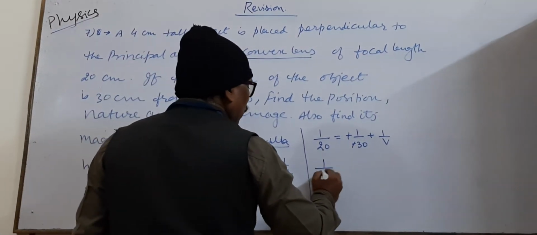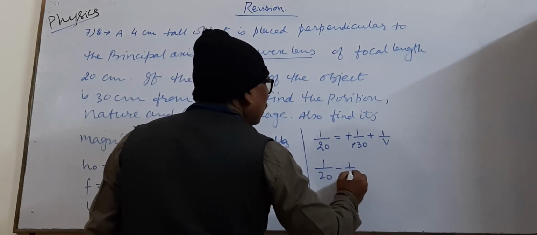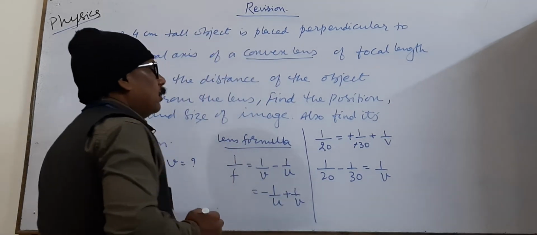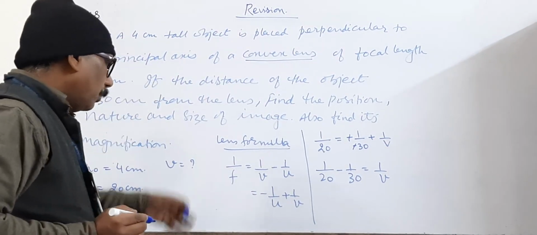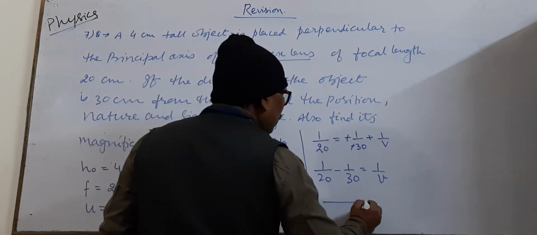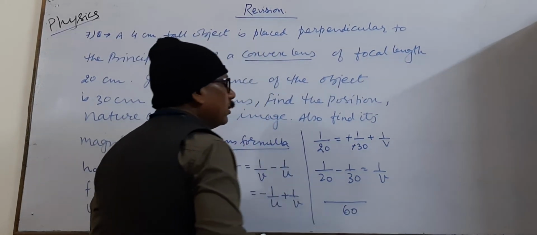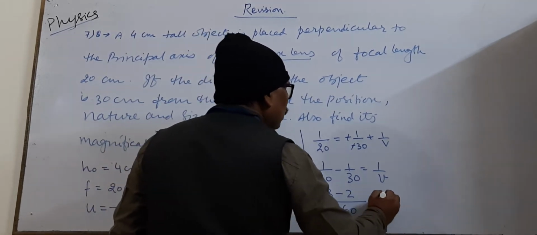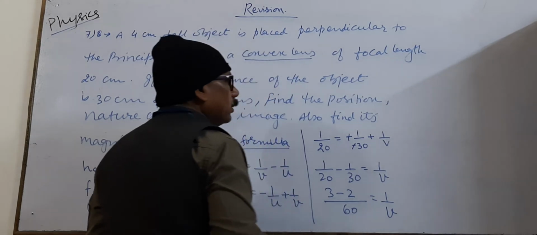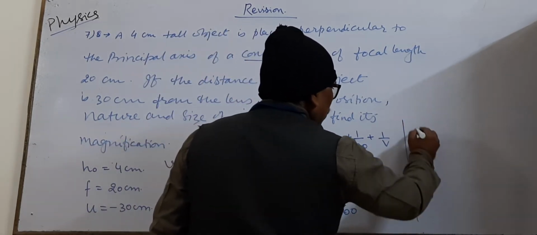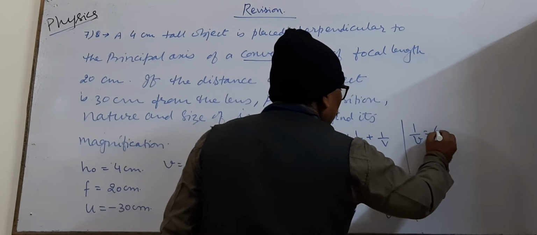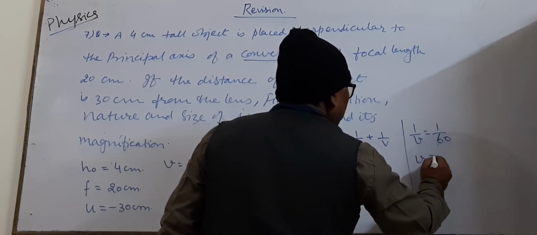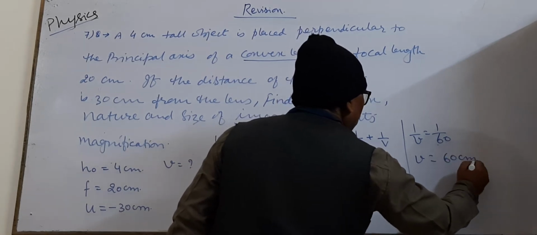It will be here 1 by 20 minus 1 by 30 is equal to 1 by v. Now take the LCM, 60. Here it will become 3 minus 2 is equal to 1 by v. Means 1 by v is equal to 1 by 60, means v is equal to 60 centimeter.